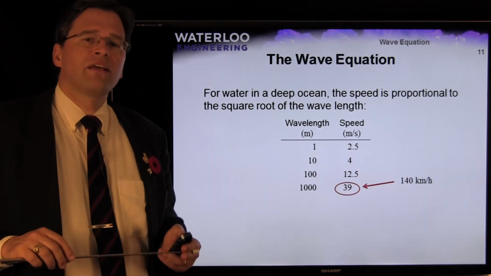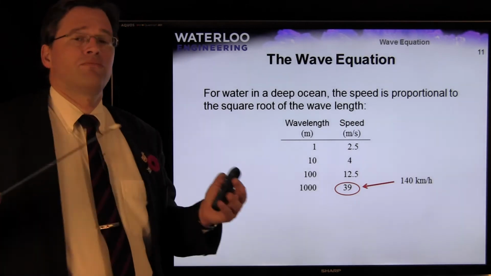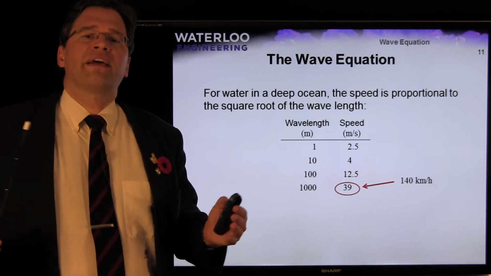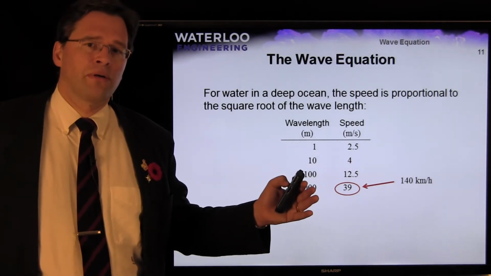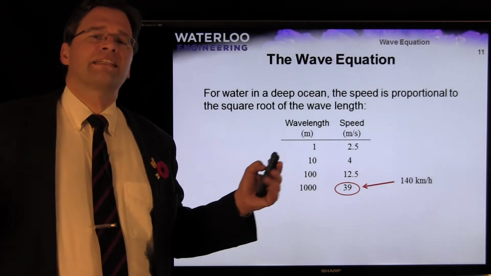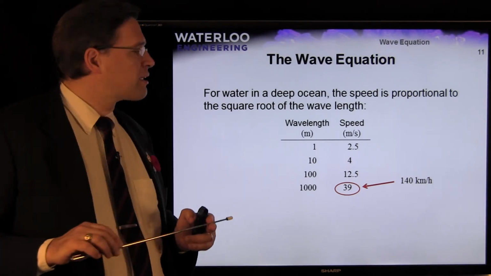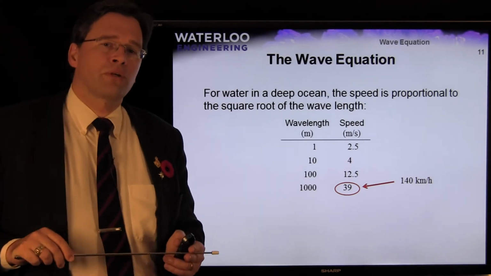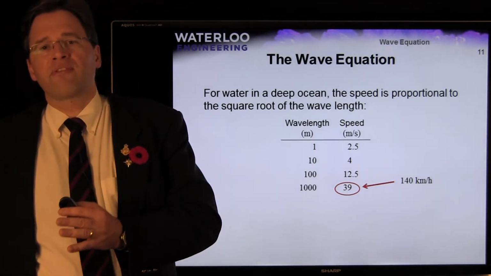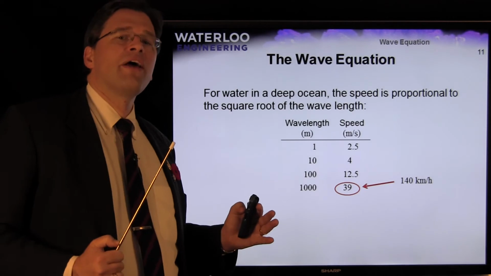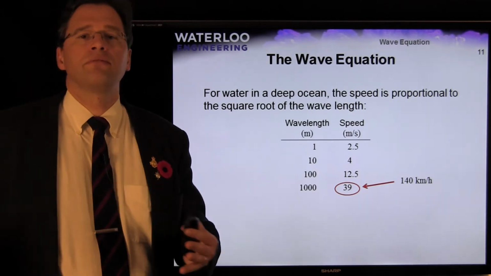On the other hand, if you're talking about a wave created by, say, a tsunami, now the wavelength is significantly longer, and therefore the speed is significantly faster. 39 meters per second is approximately 140 kilometers per hour. This is why a wave from a tsunami can cross the Pacific so much faster than, say, a wave on a beach.